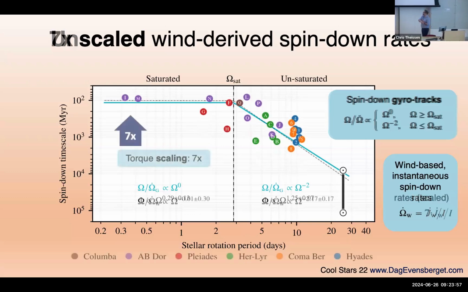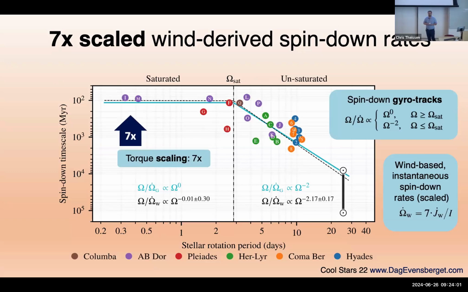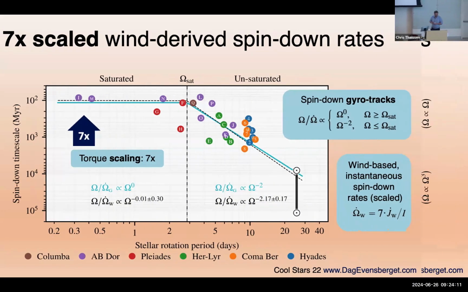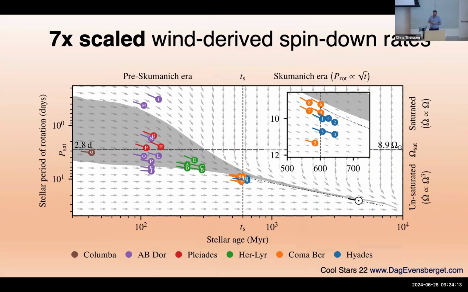If we scale the torque, or the moment of inertia, by a factor of 7, then we get relatively good agreement. Looking again, turning the diagram back in our head so that we have stellar age on this axis and the spin down time scale, the period of rotation, here.